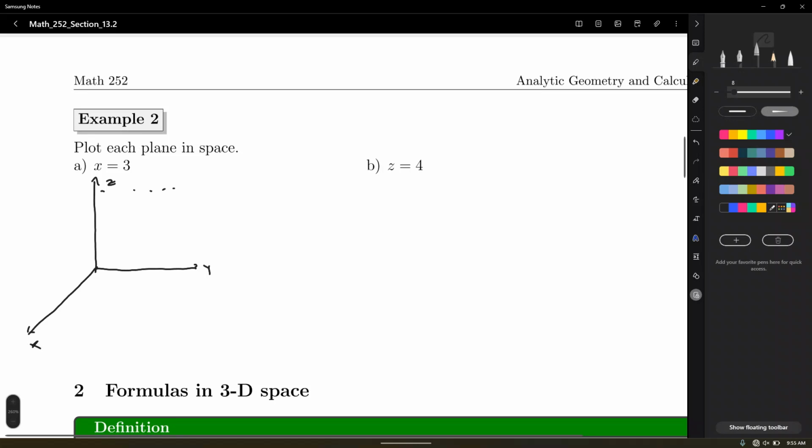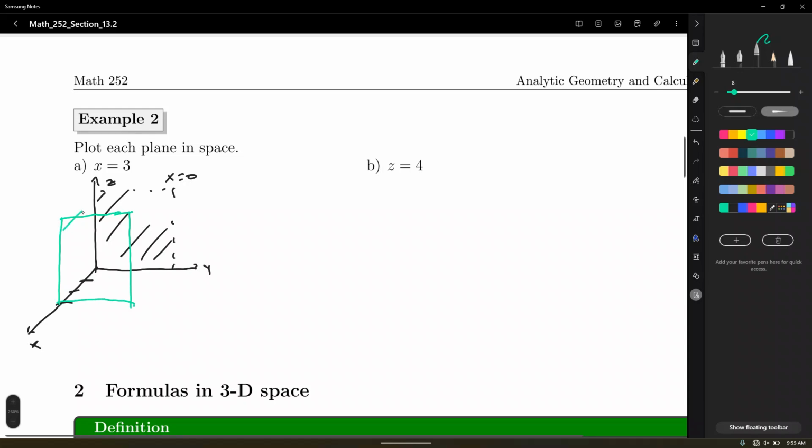This wall right here, which is the YZ plane, is when x equals 0. To have x equals 3, I would need to drag that wall along the x-axis 3 units. That is 1, 2, 3, and plot this plane like this.